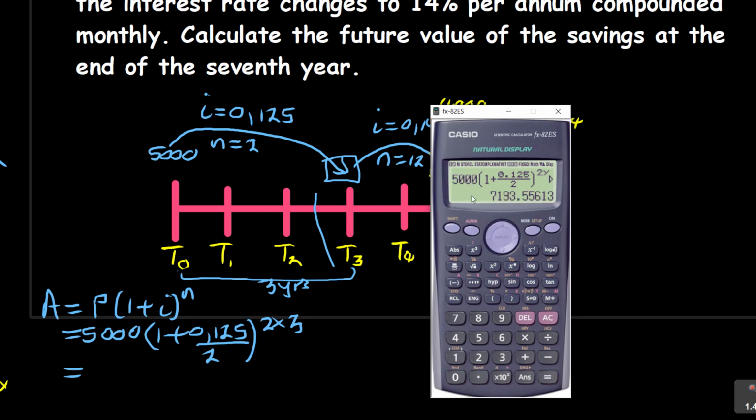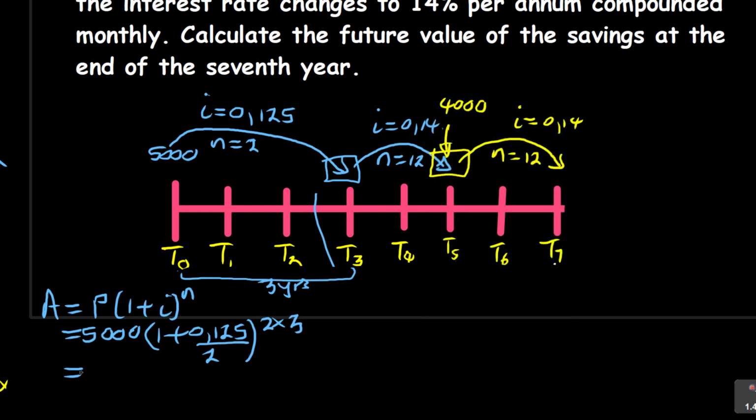Equal to, I get that amount, which is 7193,56. I'm rounding off, so the answers will differ a little bit on the decimal side. There will always be a small difference there. Then from here, what do I do?